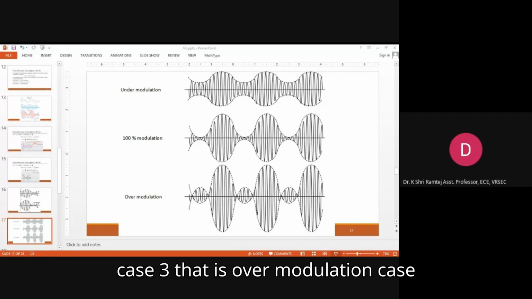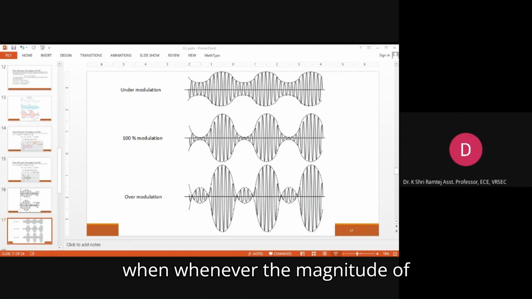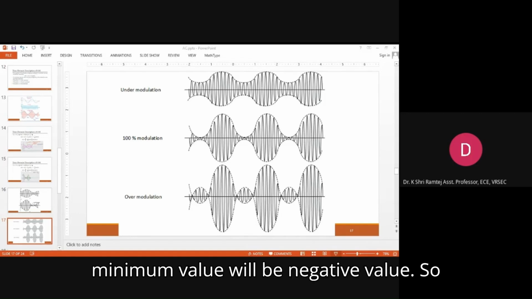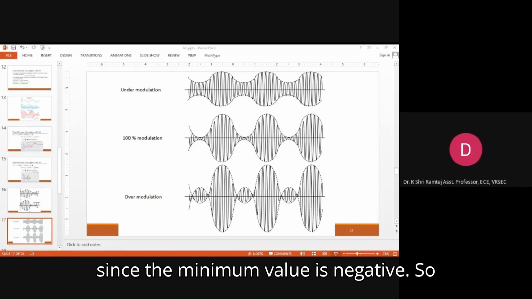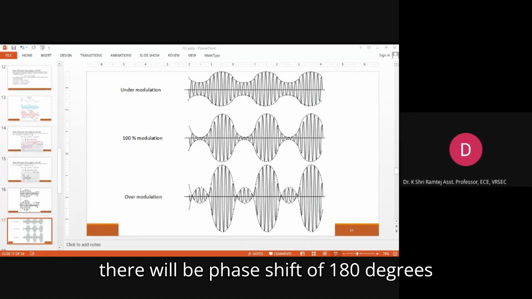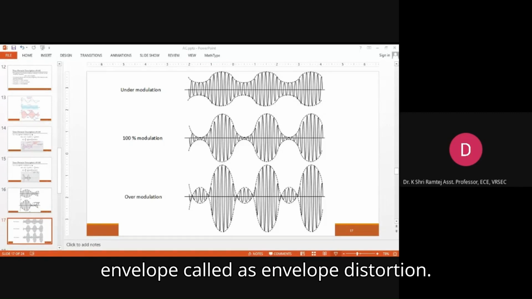But in case 3, that is the over-modulation case, whenever the magnitude of Ka m(t) is greater than 1, the minimum value will be a negative value. In such cases, there will be zero crossings since the minimum value is negative. Whenever there are zero crossings, there will be a phase shift of 180 degrees at these points, and hence there will be a distortion in the envelope called envelope distortion.